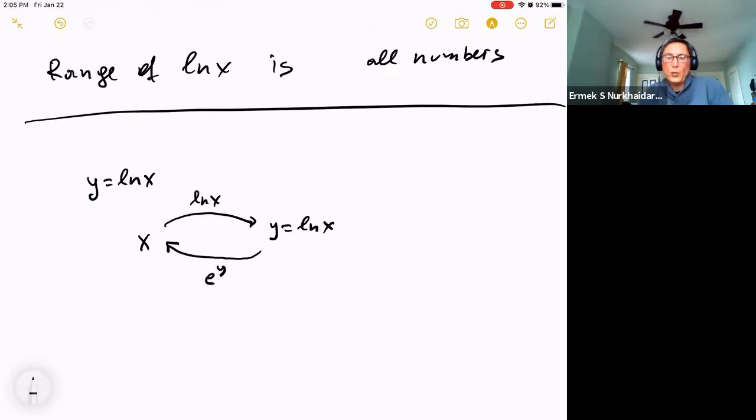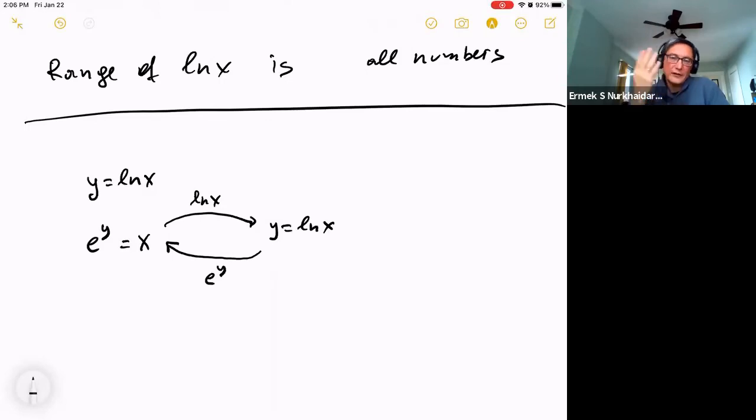It takes y, which is the output of the old function of natural log, and puts it back to e to the power. Okay, that's the picture which we have. So e to the y equals x and y equals ln of x.